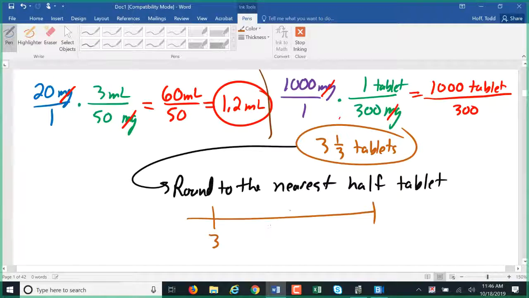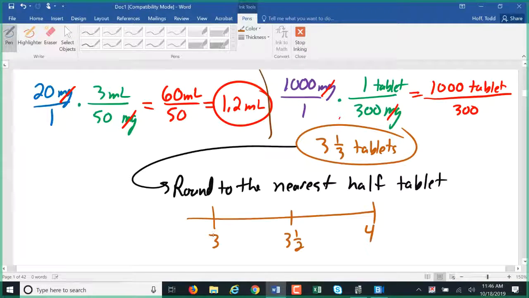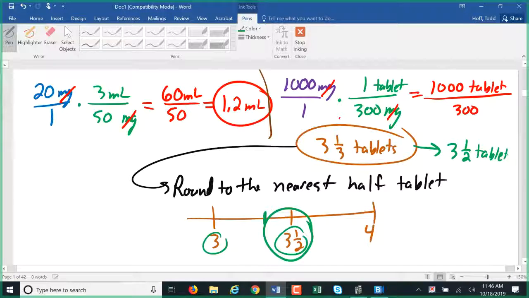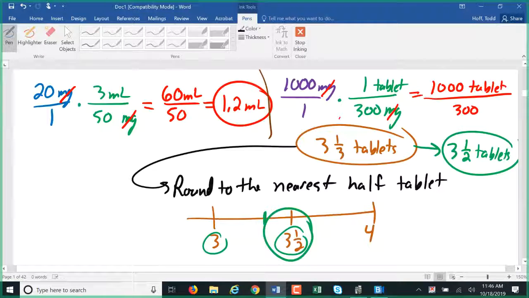This is 3 tablets, 3 1/2, 4 tablets. 3 1/3 is going to be here between 3 and 3 1/2. Which one is it closer to? 3 1/3 is somewhere in here that's closer to 3 1/2. So we would administer 3 1/2 tablets. Any questions?